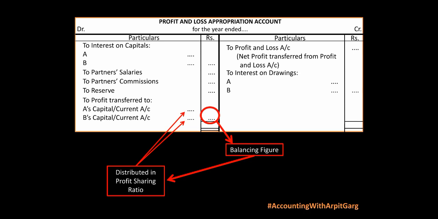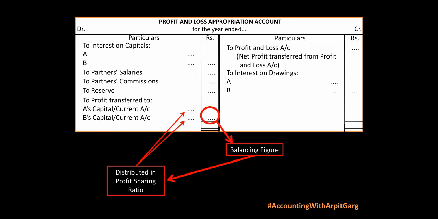I know it has already been too much for today, but please let's study one more small topic so that we can complete our concept and start fresh with a new concept in our next class. Here we studied how profit is appropriated among partners. But what if there is loss?